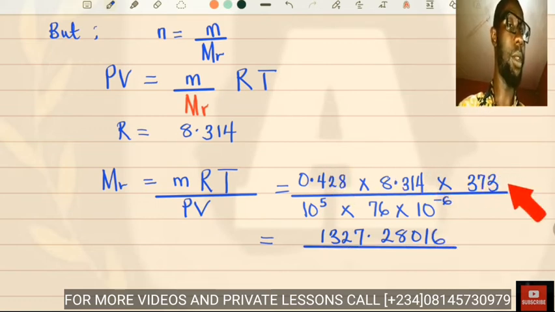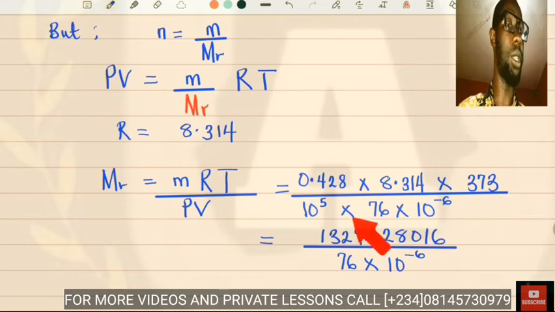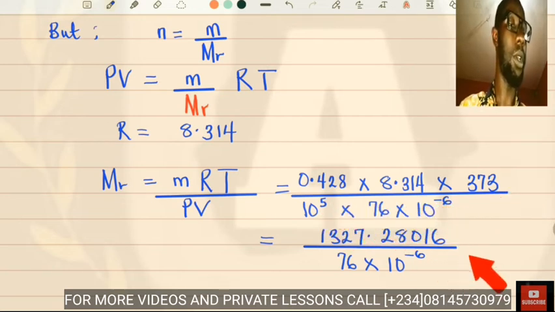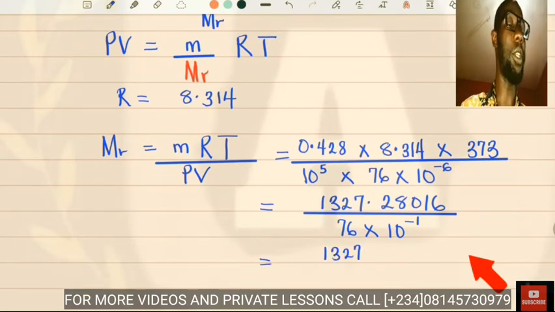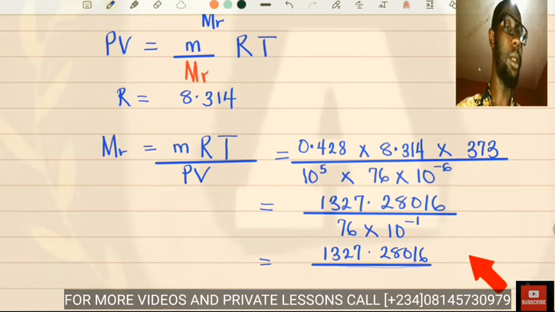Then for the denominator we have 76 multiplied by 10 raised to the power of -1, that is 5 plus -6, which is 5 minus 6. So that is 1327.28016 divided by 7.6.